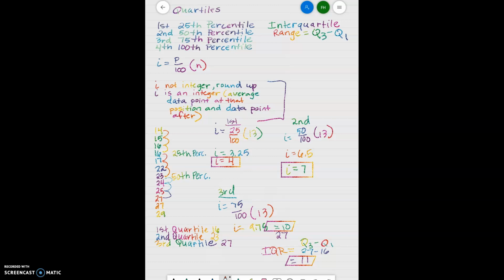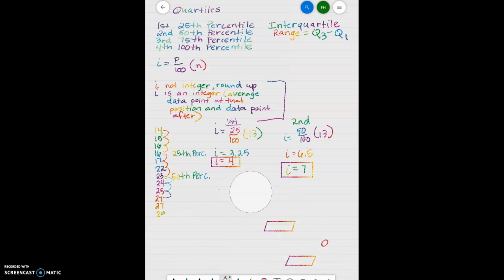One more thing I want to show you is what if you didn't have a decimal? What if your index point is actually an integer? So let me show you what that would look like real quick. So what I'm going to do is I'm going to take the last number off.